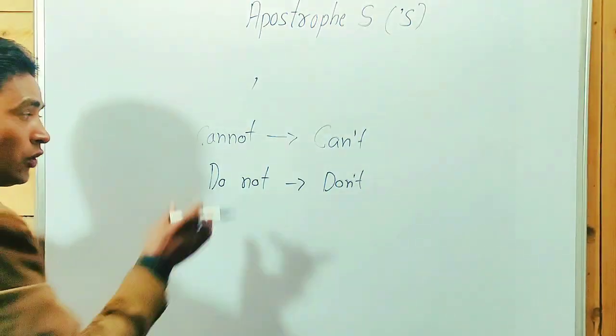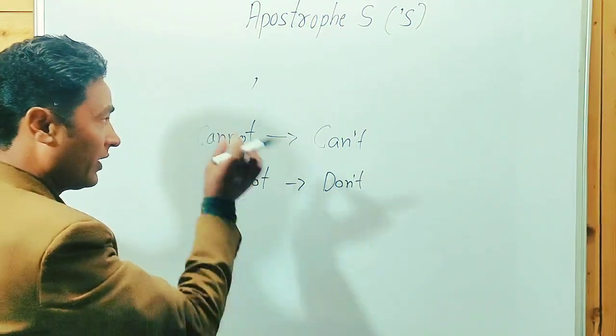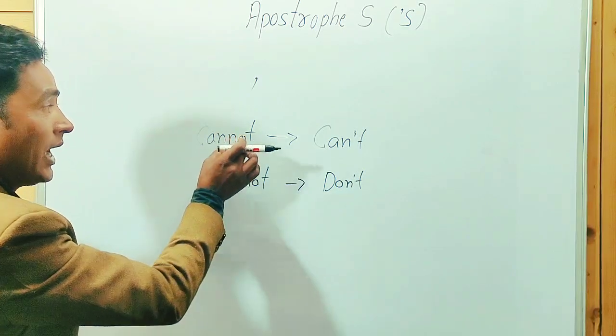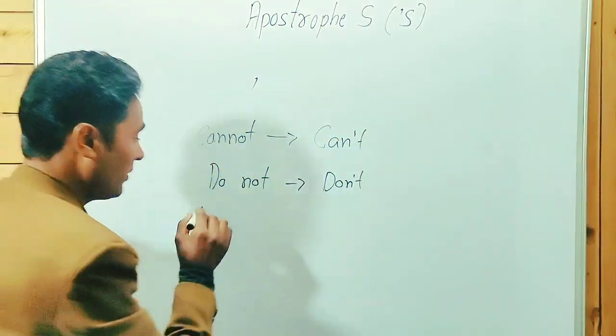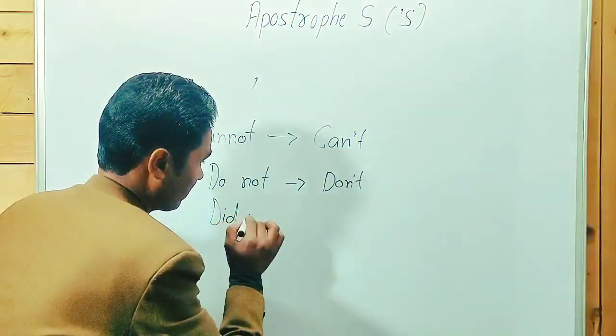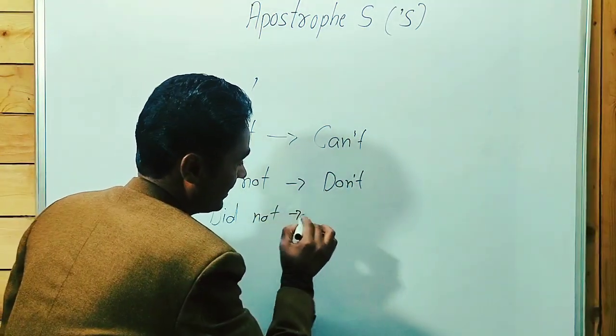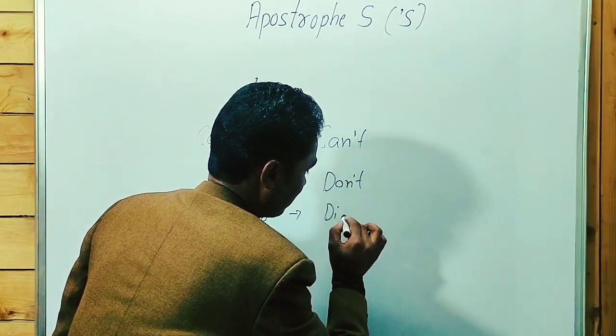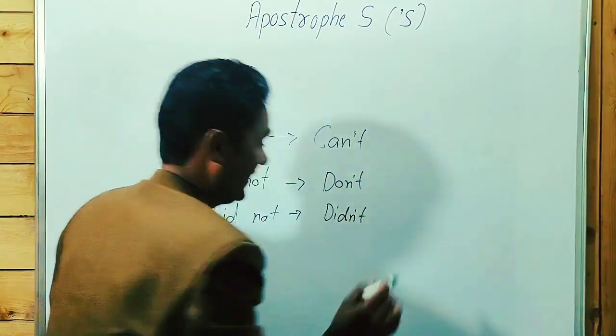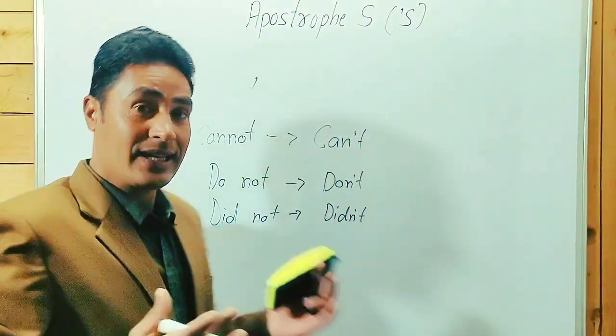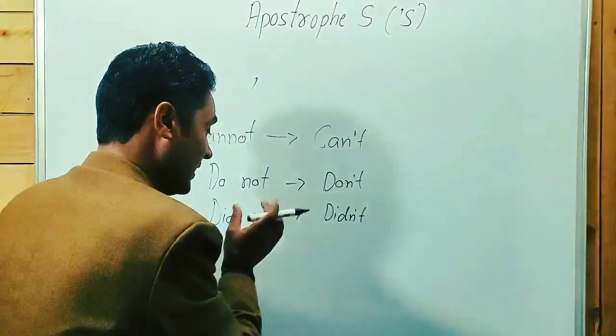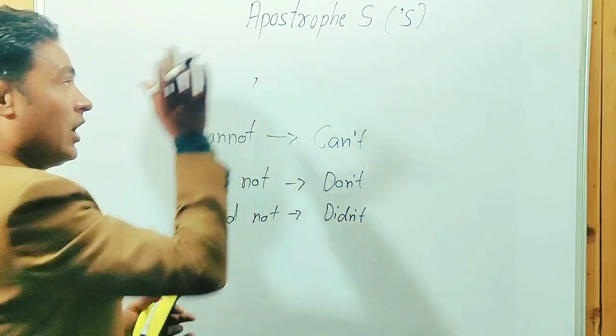We omit o over here. We omit n and o over here. Did not can be written didn't. Okay, we can omit letters with the help of an apostrophe.